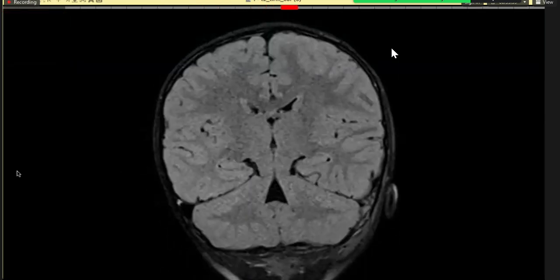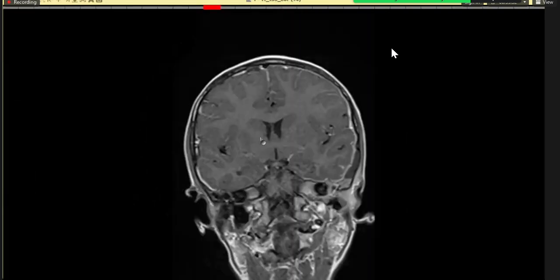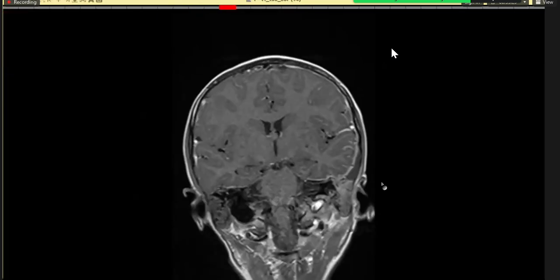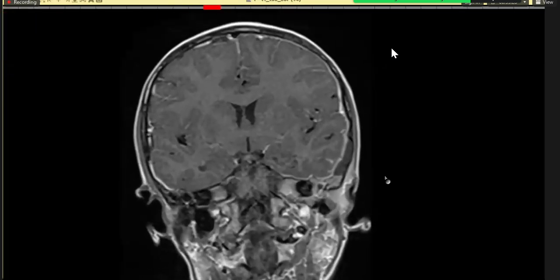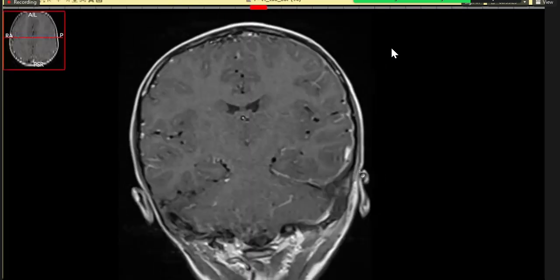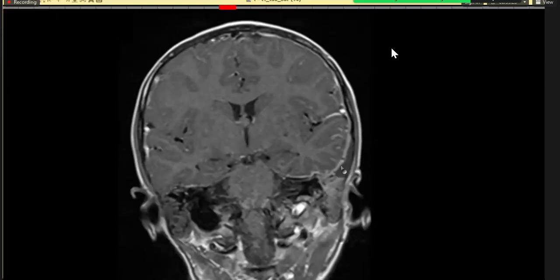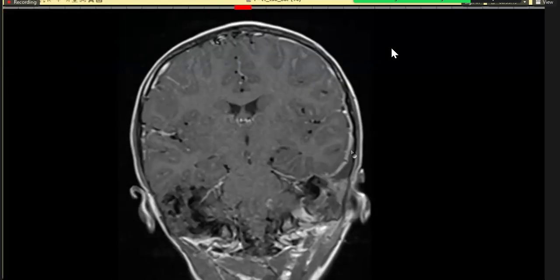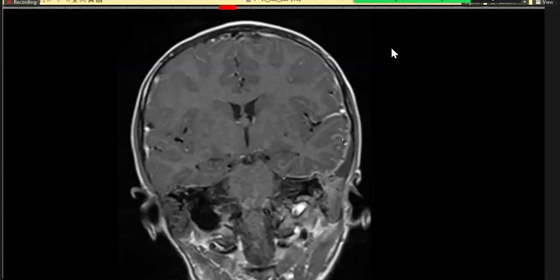And we have got a contrast image here. Now you can see that it is sitting outside. You can see this meningeal enhancement, and this is leptomeningeal enhancement, and you can see that the enhancement goes inside.